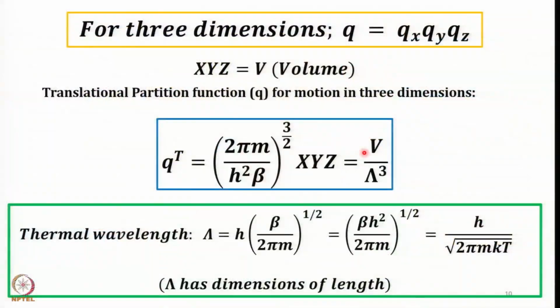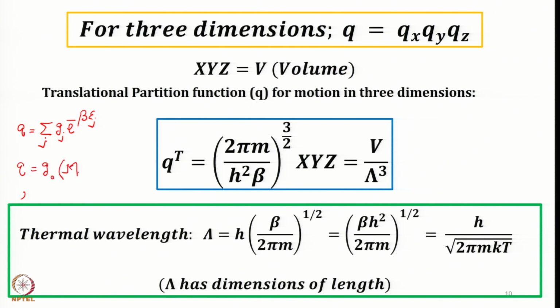One important point that I would like to mention over here is that if I write Q is equal to summation over j of Gj exponential minus beta Ej, the minimum value of Q, when you expand it, is equal to G0.